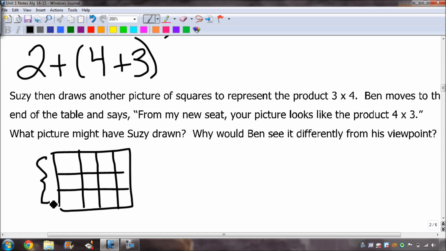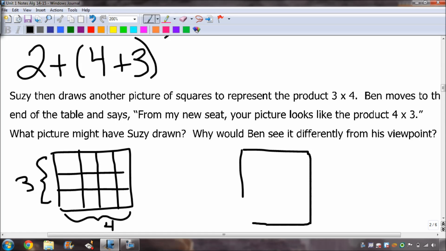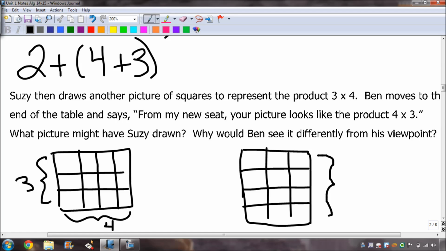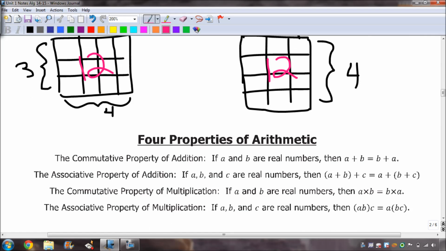Here's my 3, and then here's my 4. And Ben could look at it differently and say, you know what? That's not how I see it. I see it like this. So here's my 4, and here's my 3 is what Ben would say. But it's basically the same thing because altogether, doesn't matter which order you do it in, you've got 12 boxes.